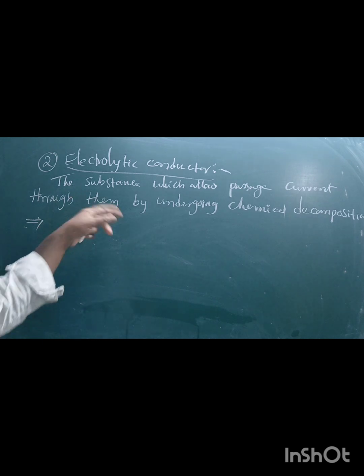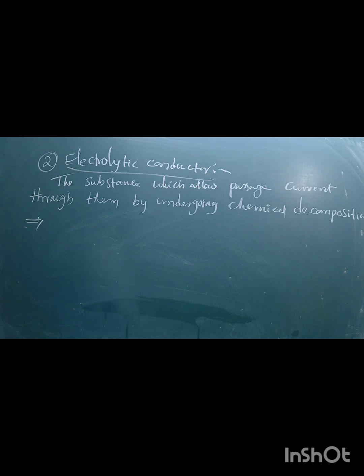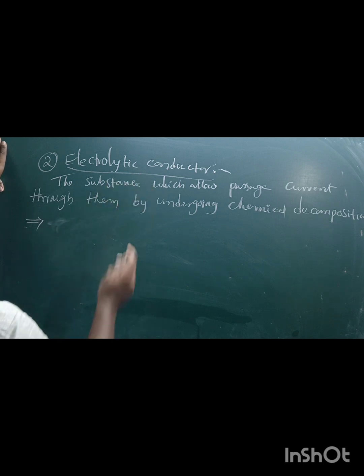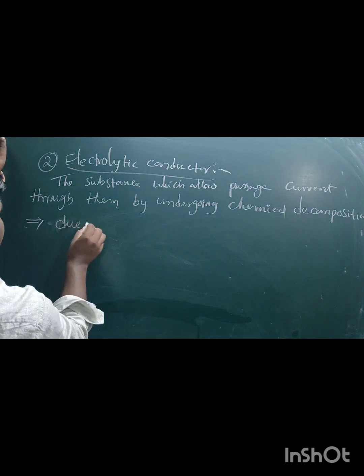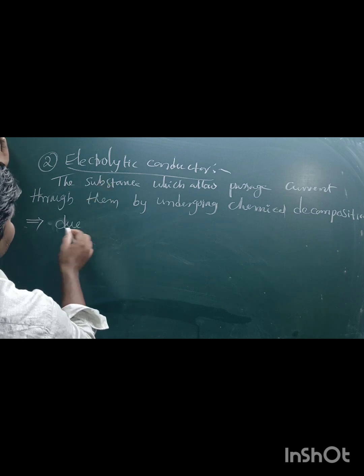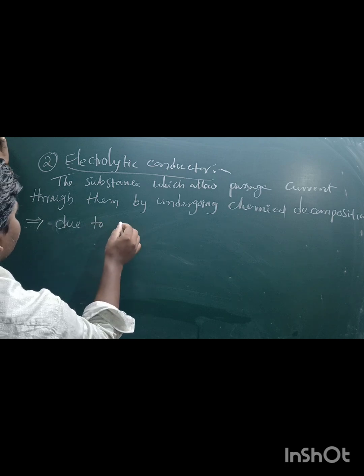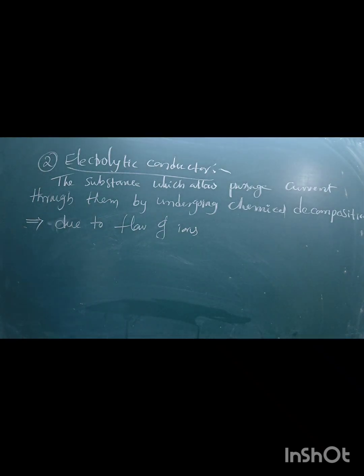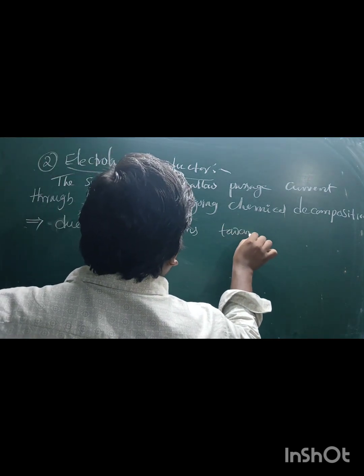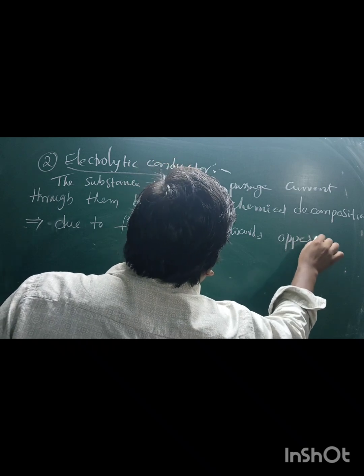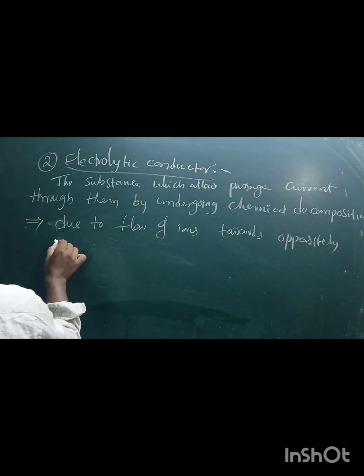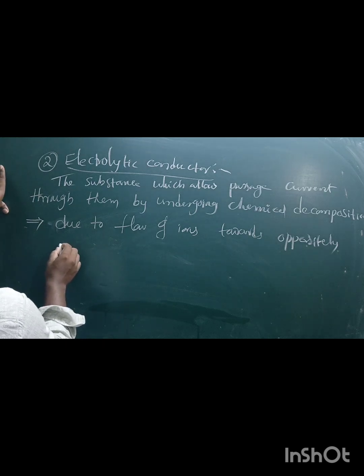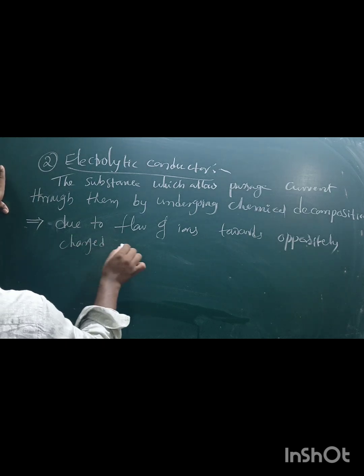The conductance of electrolytic conductors is due to the flow or movement of ions towards the oppositely charged electrode.